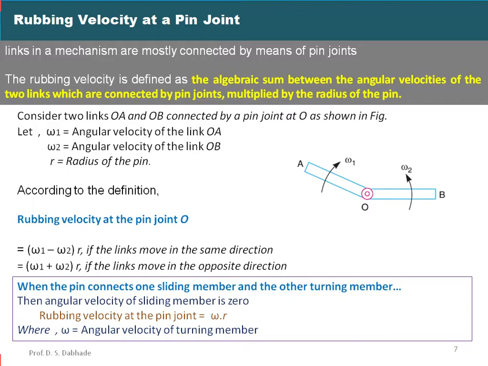With this logic we can find the velocity of any configuration diagram, because in any mechanism the various links are connected by means of pin joints. So we can draw the vector diagram, and from that vector diagram we can measure the length of vectors and directly get the linear velocity of that link.